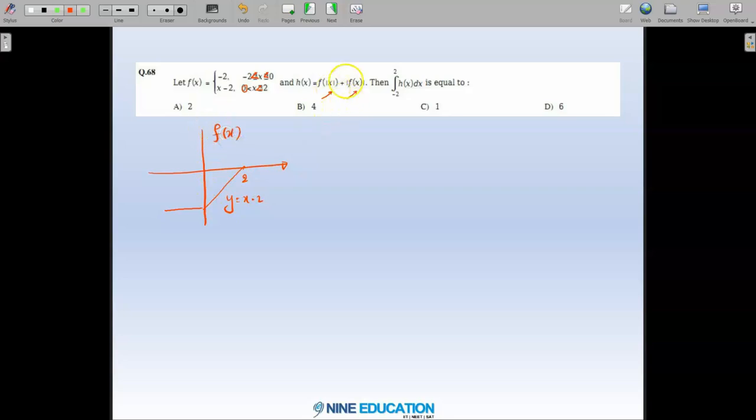Now since we require f of mod of x and mod of f(x), let us draw the graphs of them as well. So what is the graph of f of mod of x? For mod of x, basically we need to observe this line which was below the x-axis, y equal to x minus 2. Now whatever value, suppose x equal to 1 is giving on this one, the same value f of minus 1 will also give, because now we are plotting for f of mod of x.